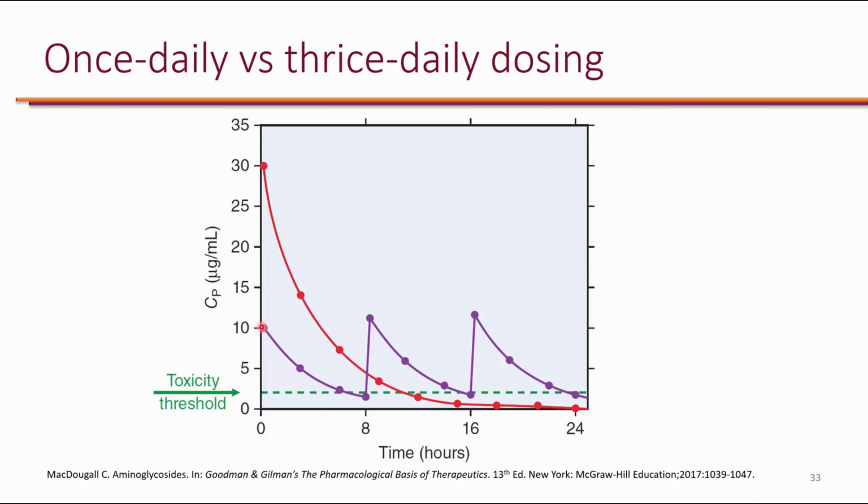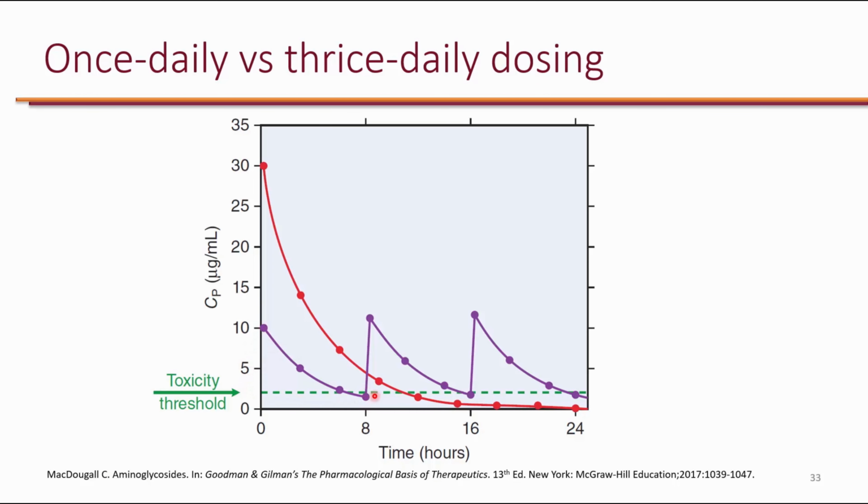Now this causes an issue because while the peak tells you efficacy, the trough tells you toxicity. So it doesn't matter how high you go, you have to let it go below the trough of 2 because you don't want to cause toxicity, specifically nephrotoxicity and ototoxicity.